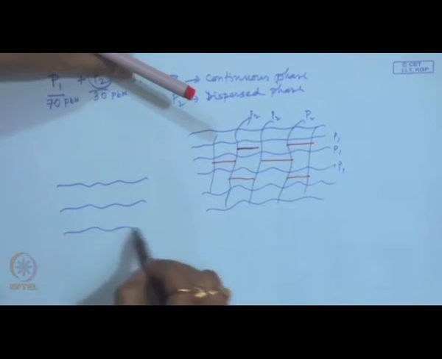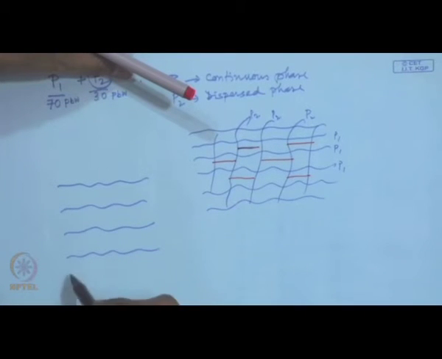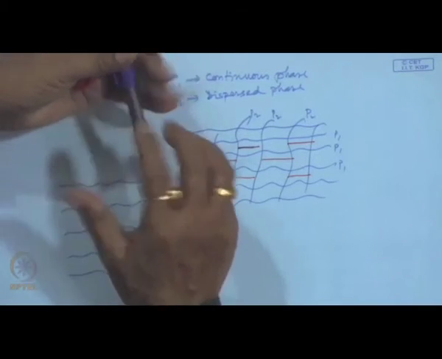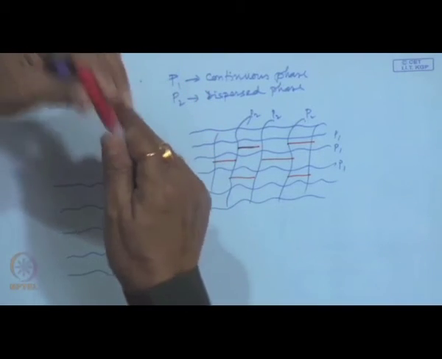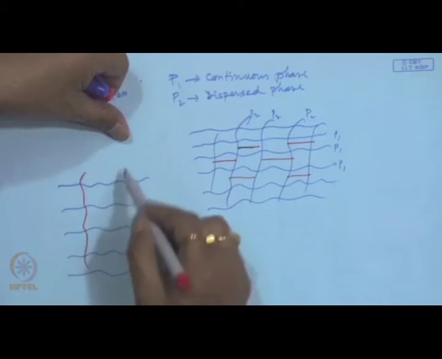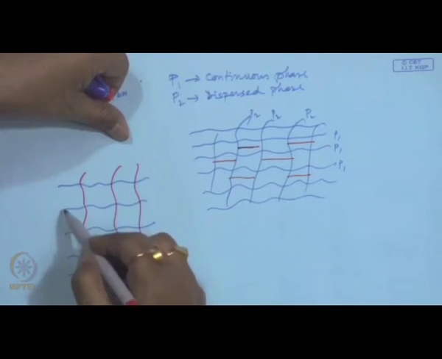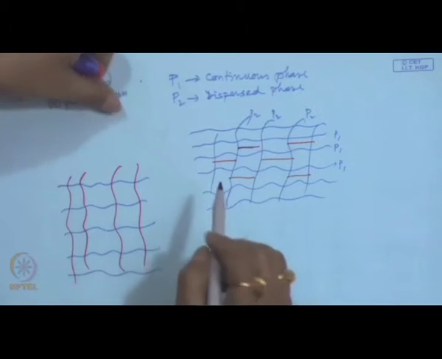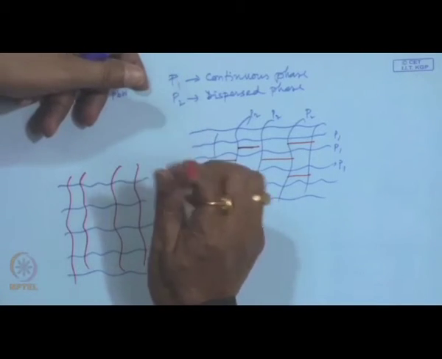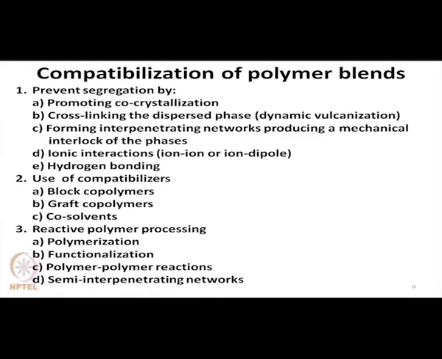We can have a network of one polymer system in which we can grow another network by polymerizing a second monomer. So, it will form an interpenetrating network like this. That is also another way of compatibilizing the two components.